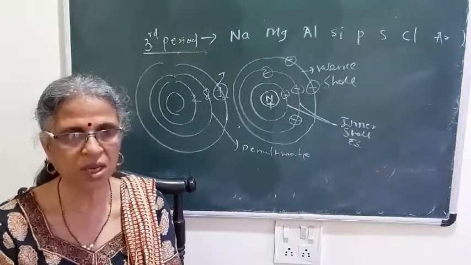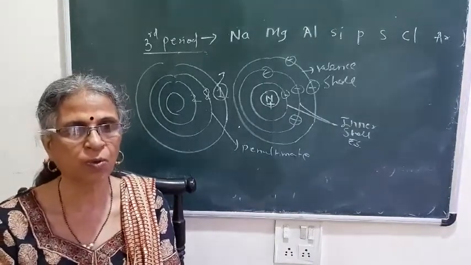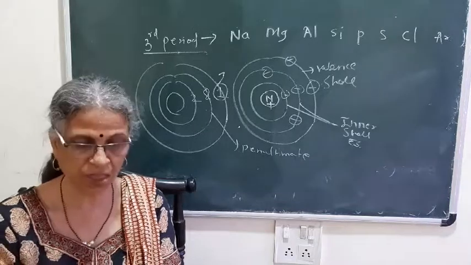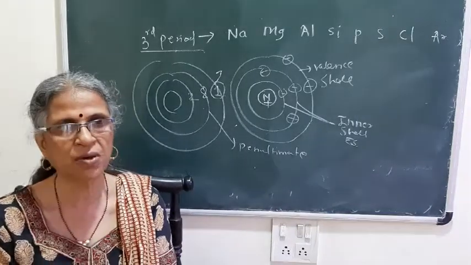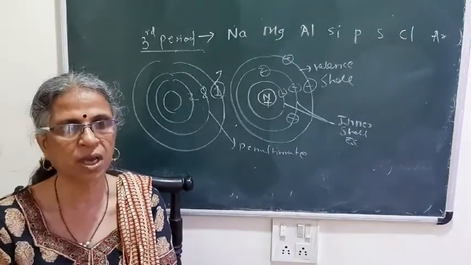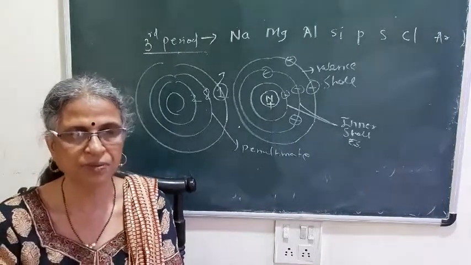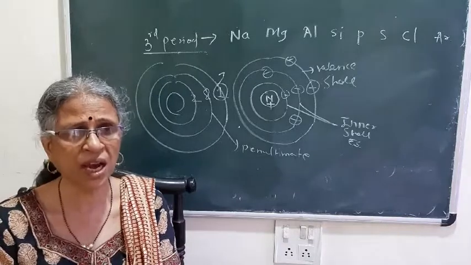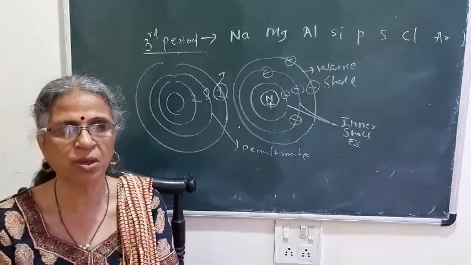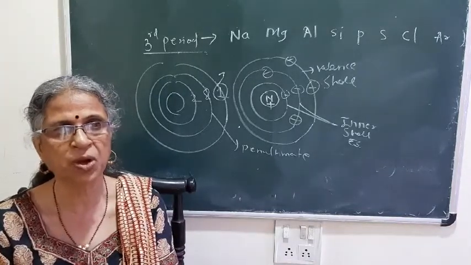Now if we consider the trend going from left to right, that is in a period, what happens? We have seen that the elements present in the same period have the same number of shells, but electrons get added as the atomic number increases while arranging the periodic table.